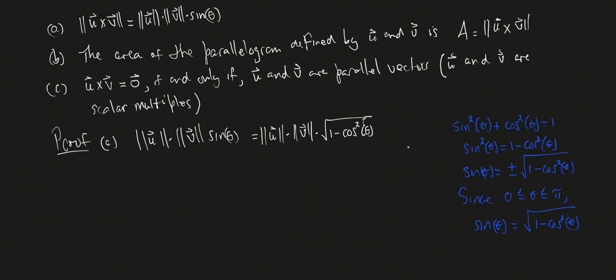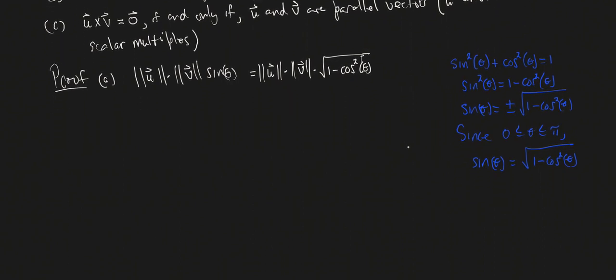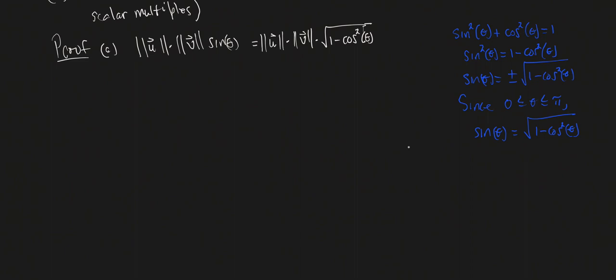Well, that's because as far as the dot product is concerned, we have a relationship that involves vectors and the cosine function. Just as a reminder, u dot v is equal to the magnitude of u times the magnitude of v times the cosine of theta.